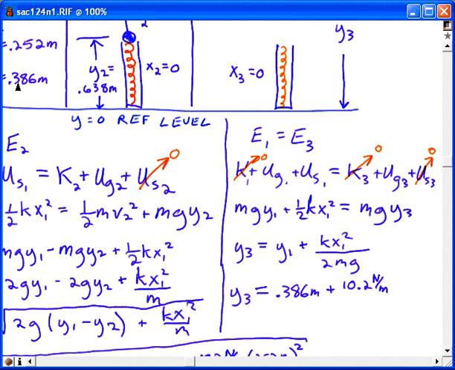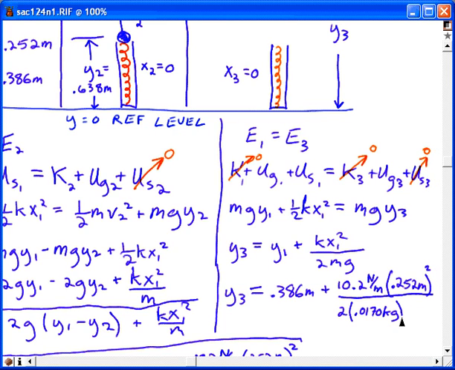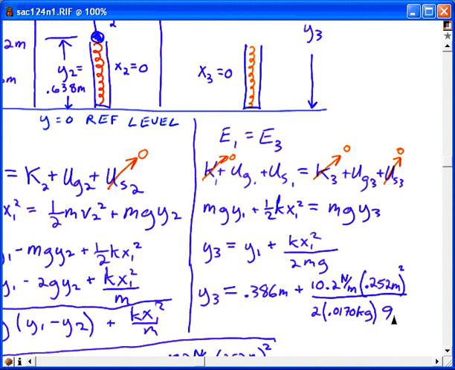The amount of compression was 0.252 meters, and that was the amount of compression in the before picture. That's got to be squared, and then we've got 2, and the mass was 17 grams or 0.0170 kilograms. And the gravitational force constant is 9.80 newtons per kilogram.